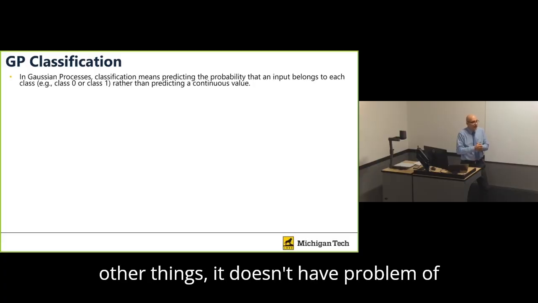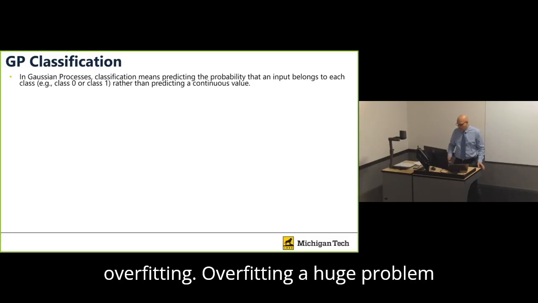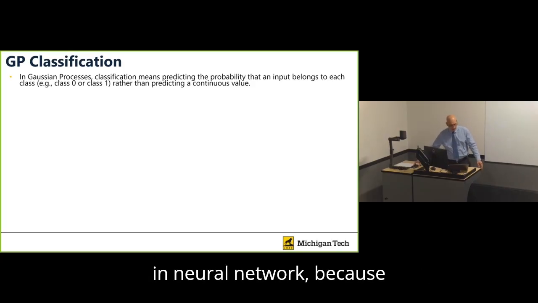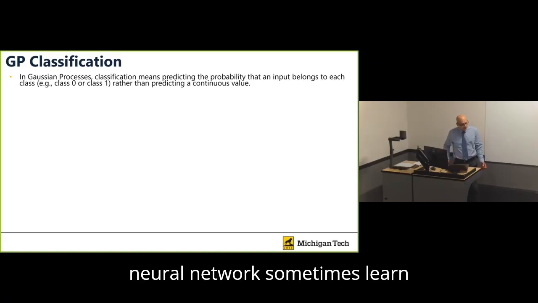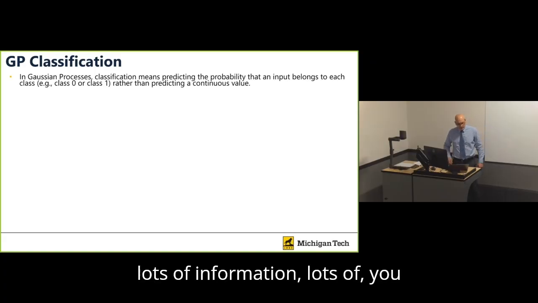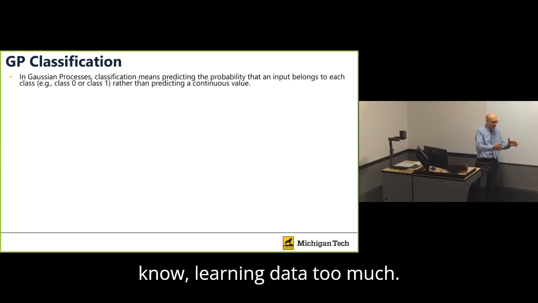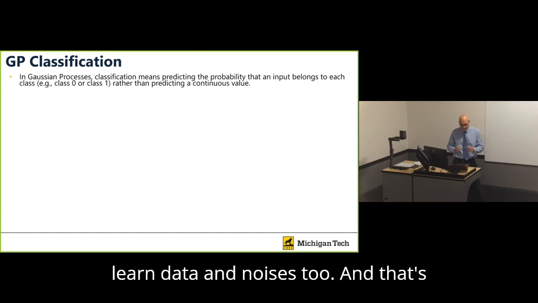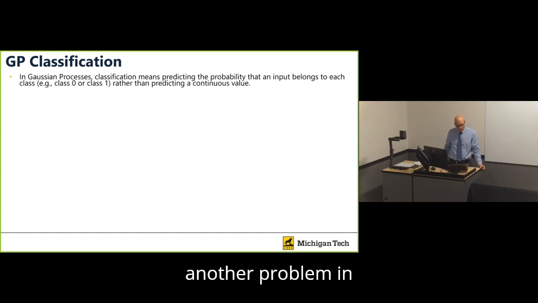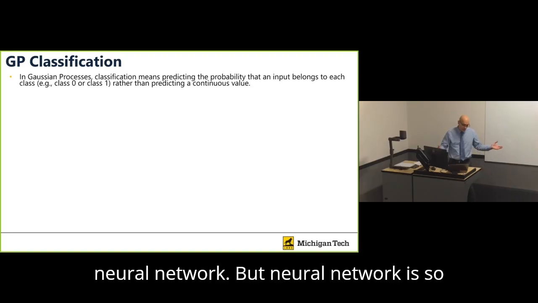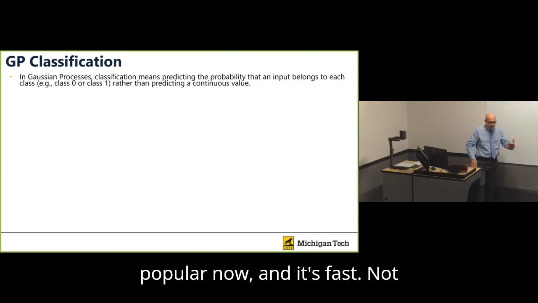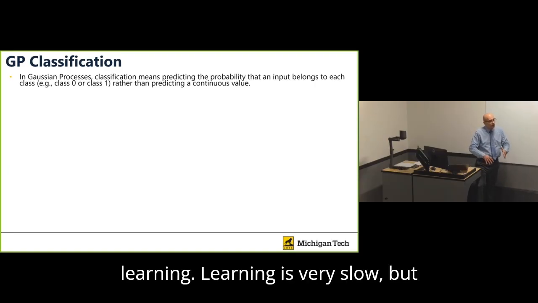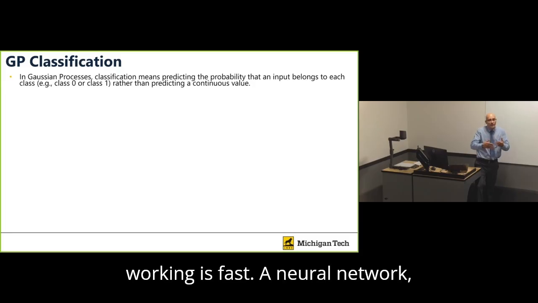Another thing, it doesn't have the problem of overfitting. Overfitting is a huge problem in neural networks, because a neural network sometimes learns too much of the learning data. Instead of learning patterns, it learns data and noise too, and that's another problem in neural networks. But neural networks are so popular now and fast. Learning is very slow, but working is fast.